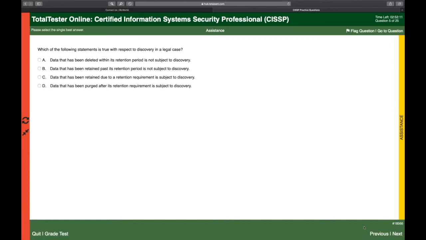Number 5, which of the following statements is true with respect to discovery in a legal case? We've seen this before. Anyone?